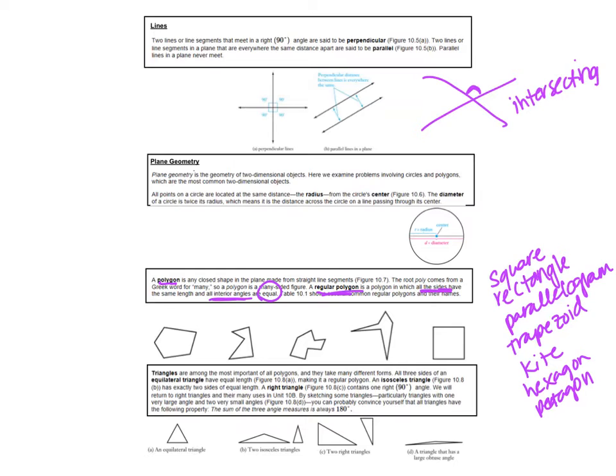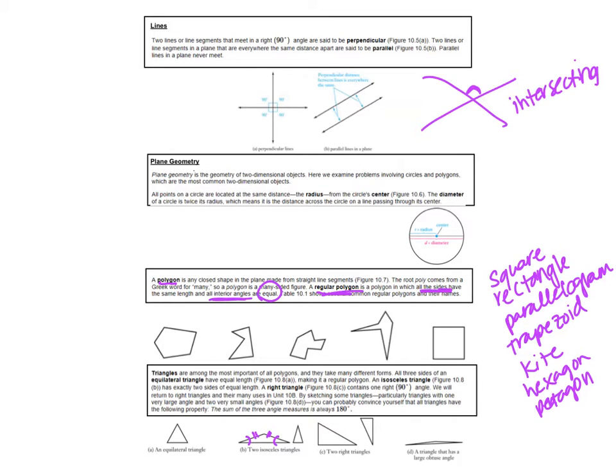We could also have one that's called equiangular, which means that all the angles are equal. We could have an isosceles triangle. Isosceles means that 2 of the angles and 2 of the sides are congruent. More specifically, the 2 angles that are congruent are at the base of the 2 sides that are congruent.